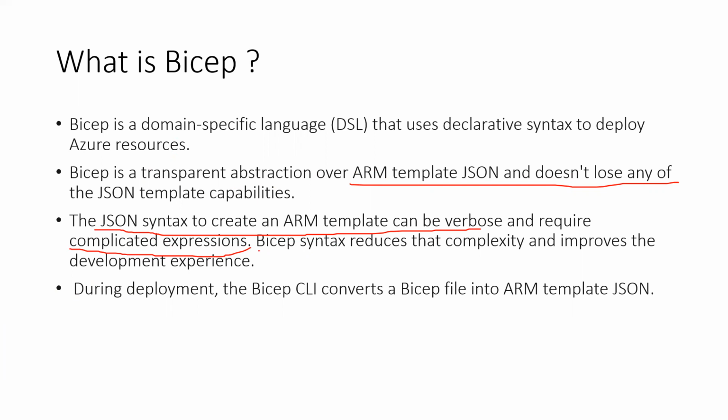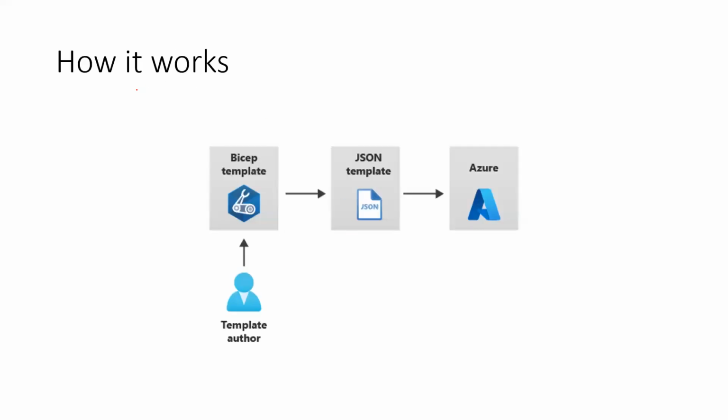You will have a very simple and easily understandable language. I will show you a template where you can see how small you can get with Bicep, and then how it works.